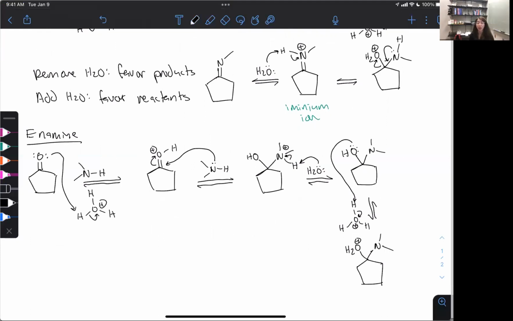Okay, so now we're ready. We're at the tetrahedral intermediate stage. Everything is identical so far. And we're ready to reform our carbonyl. Not really carbonyl, but we're thinking about it in the same way as an ester or an acid chloride, where we form the pi bond, kick off the leaving group, and we get to our iminium ion.